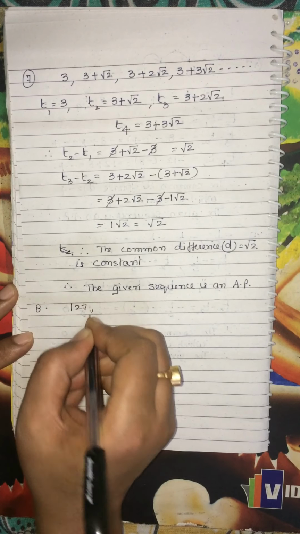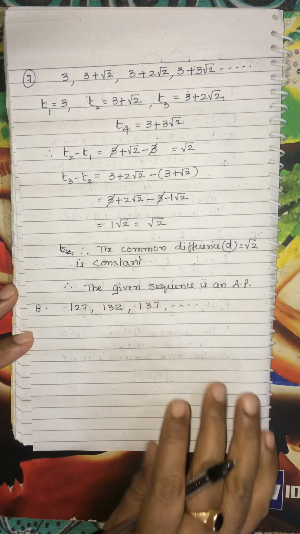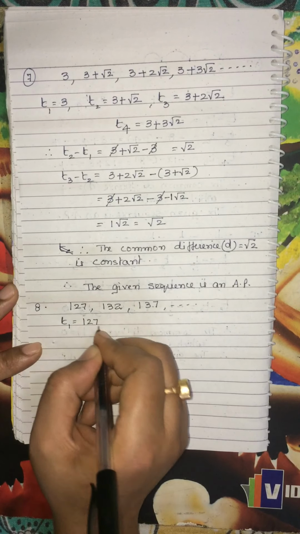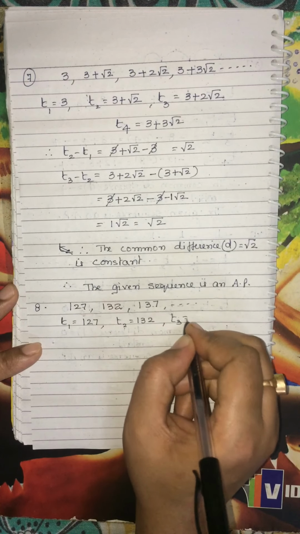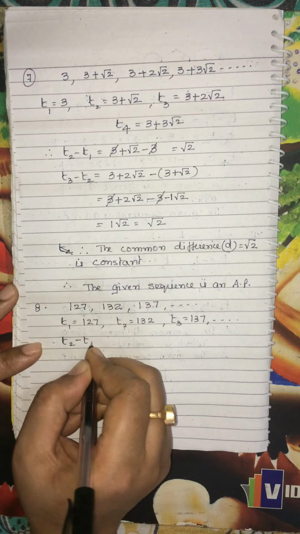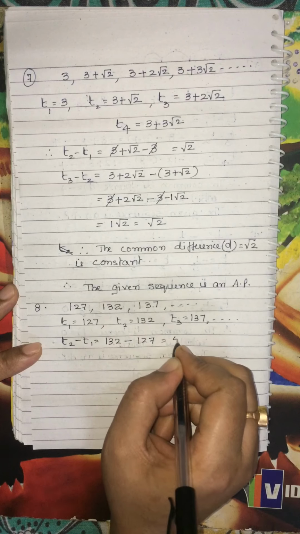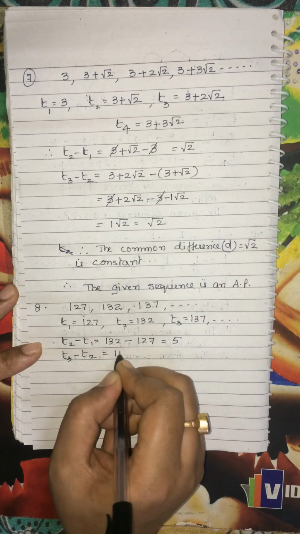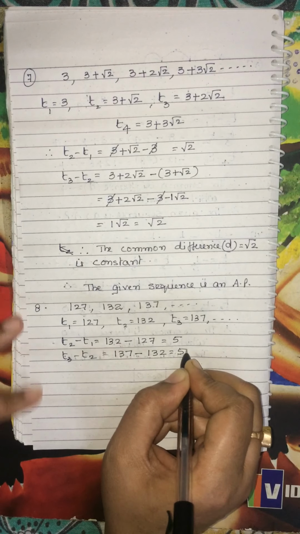Given as 127, 132, 137, and so on. It looks quite easy. The first term 127, the second given as 132, the third one is 137, and so on. So the difference between two terms, 132 minus 127, is equal to 5. T3 minus T2, 137 minus 132, again 5.